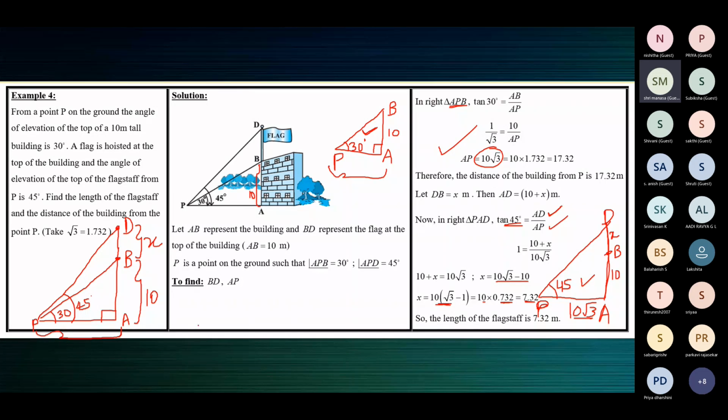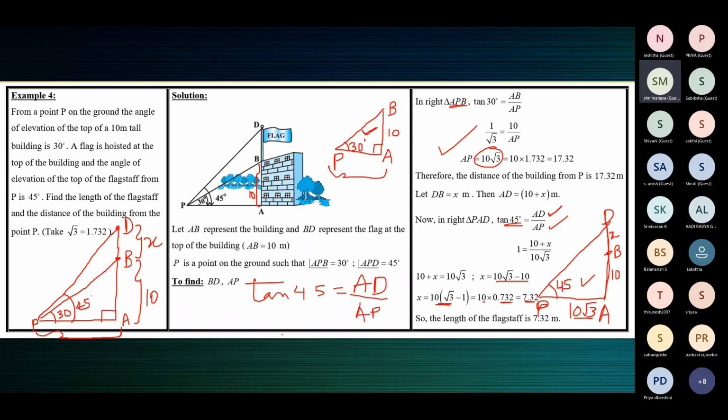So what is tan 45? Tan 45 is equal to opposite AD by adjacent side AP. So tan 45 is 1.